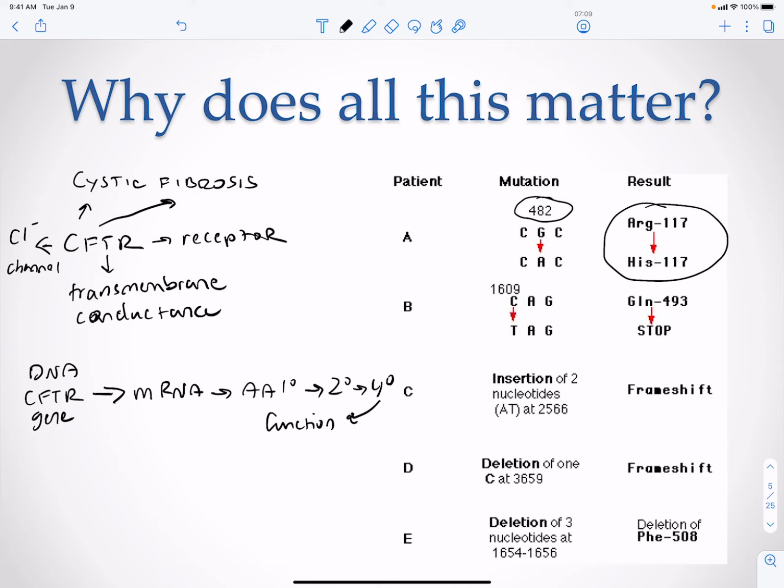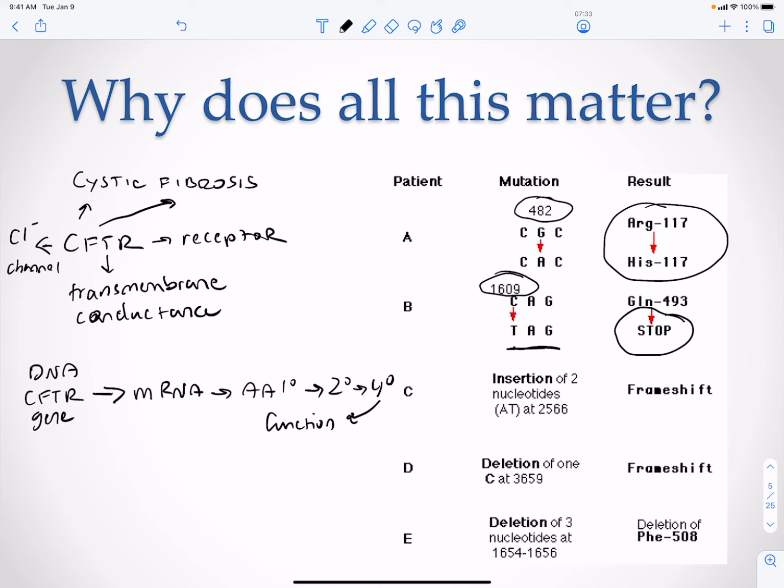Patient B has a different mutation at a different site, and this is going to generate a stop sequence, TAG, which is a stop. So in this patient, you don't get a full-length protein made. It's truncated because you have inserted a stop signal in the middle of the gene.